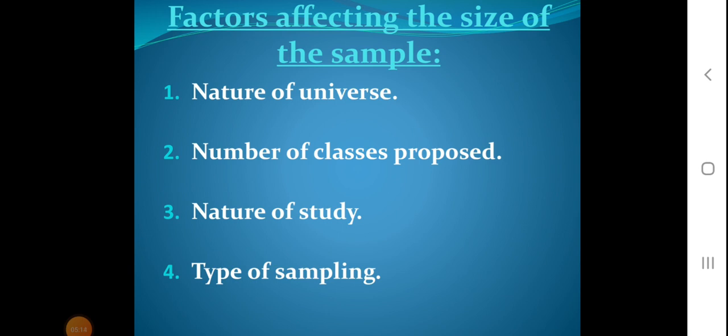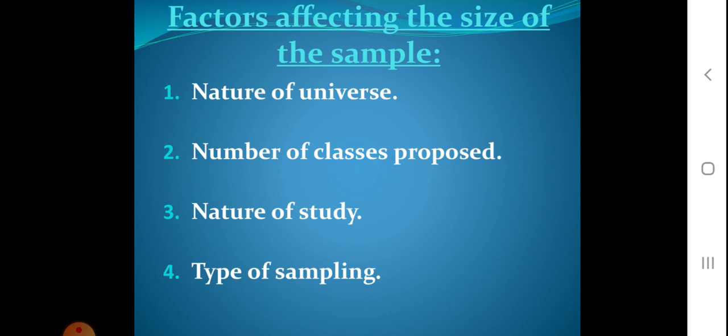Factors affecting the size of the sample. The size of the sample should be determined by a researcher keeping in view the following points. Means there are some factors which affect the size of the sample while determining it.